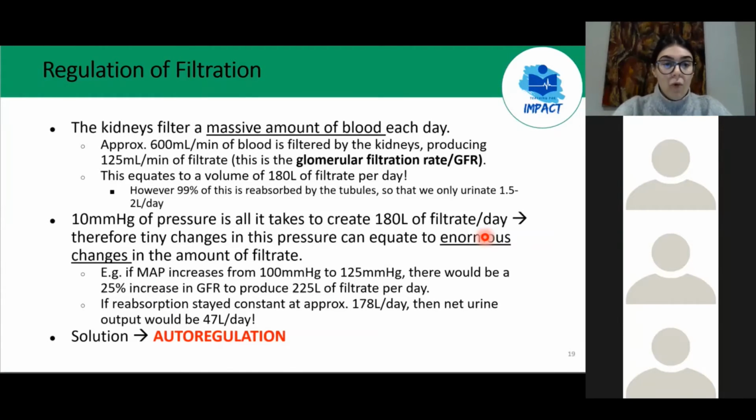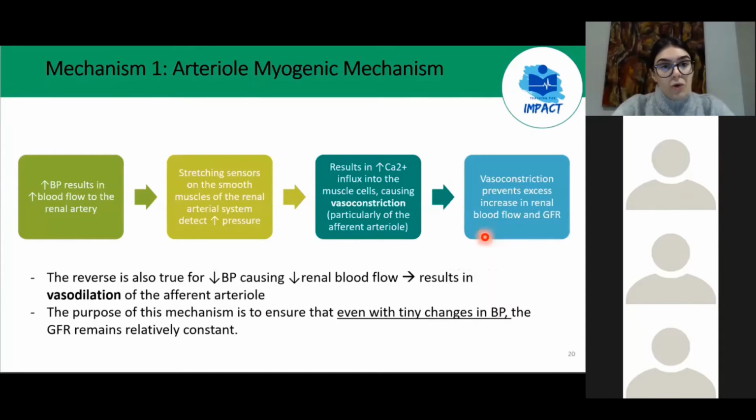So there's a couple of autoregulatory mechanisms that I wanted to go through. The first is called the arterial myogenic mechanism. And this is quite an intuitive method of autoregulation. Basically what happens is if your blood pressure goes up, you have increased blood flow to the renal artery. That makes sense. That's pretty intuitive. So when we have increased blood flow to the renal artery, the pressure inside the renal artery is going to increase, right?